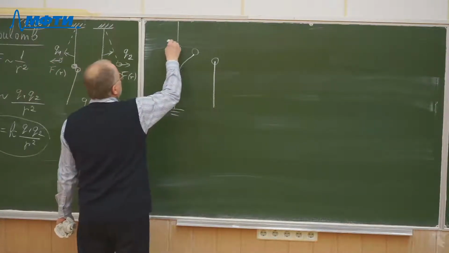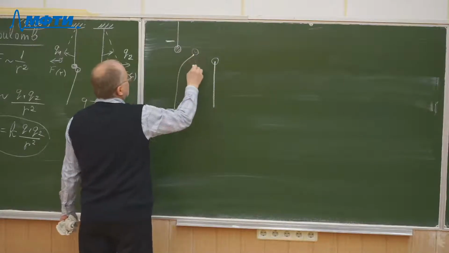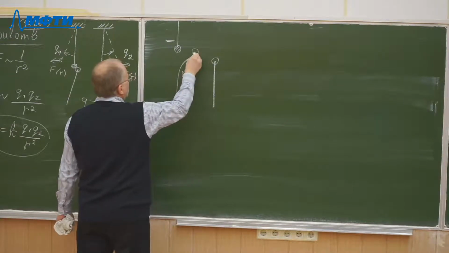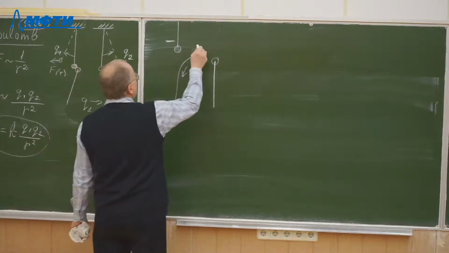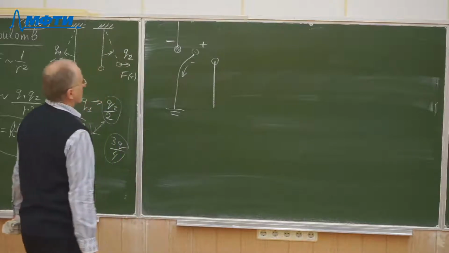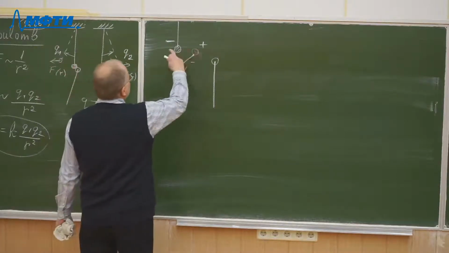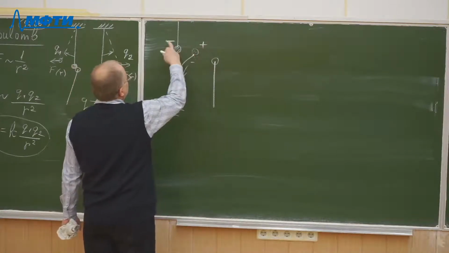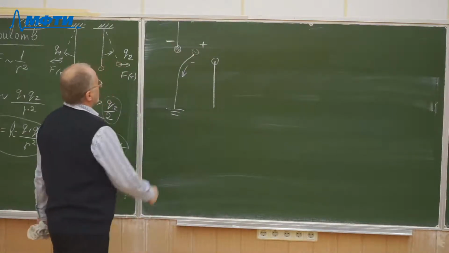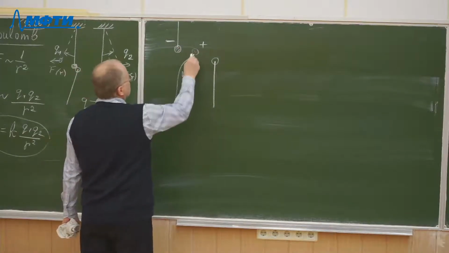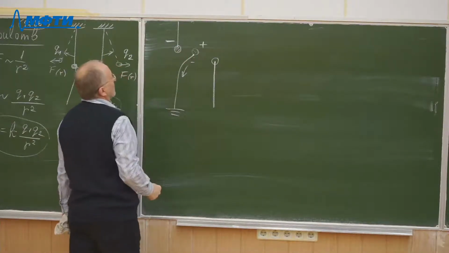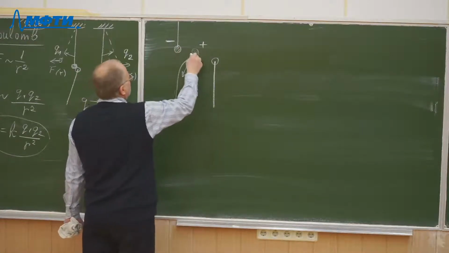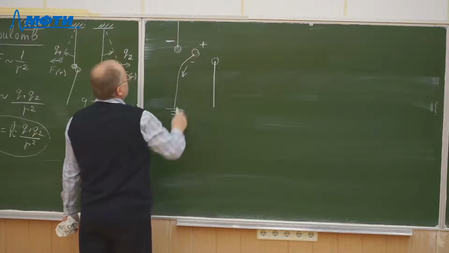Electrons here will repulse the like charges, the electrons from here, and the electrons here will go down to the earth. And so this ball will obtain some positive charge. Well, these two charges will not necessarily be equal. The positive charge may be somewhat less than the initial negative charge, but because electrons in the second ball are repulsed from the first ball, they will go to the ground, and some positive charge will be on this ball.